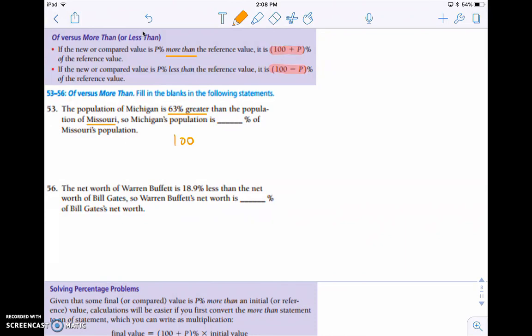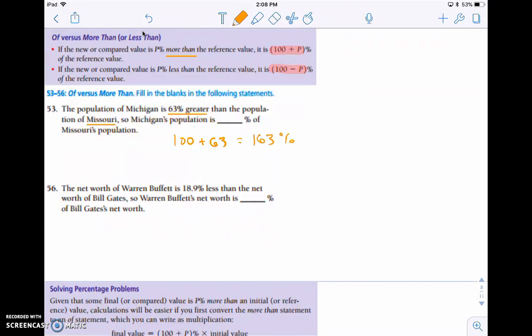You always start with 100, and then if we're growing, we add on what percentage we're growing by. So 100, and it's 63% greater than, so we add 63, and so we would say that Michigan's population is 163% of Missouri's population.